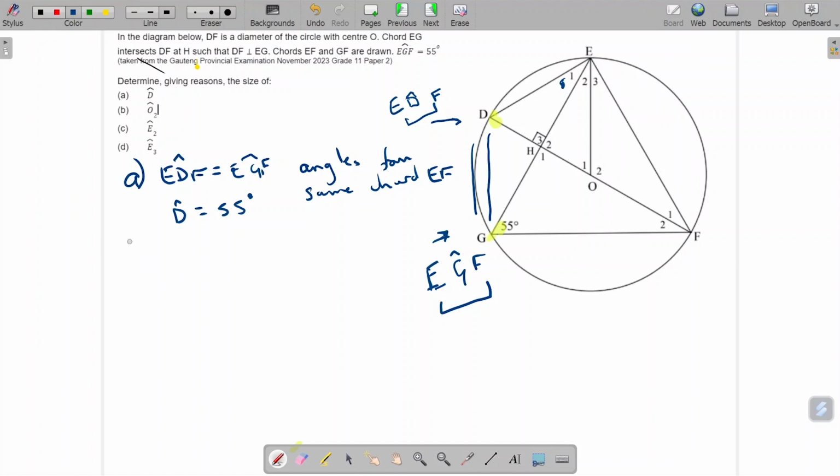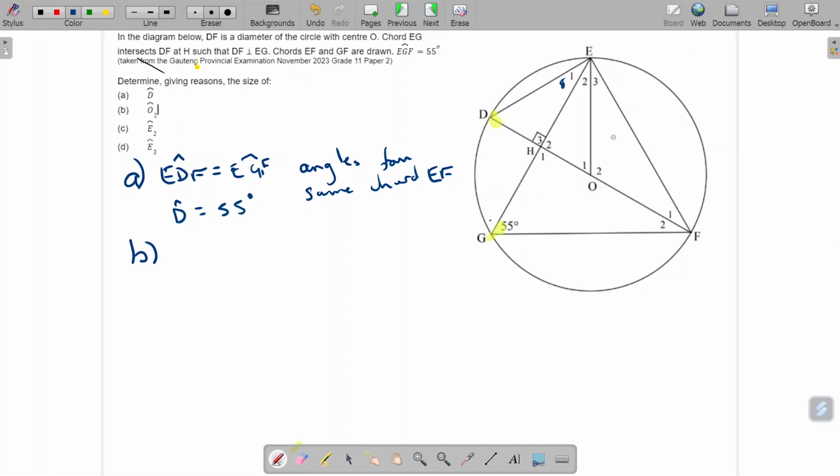I'd now like to proceed to angle B, angle O2. Now again, we know that angle O2 is occurring at the circle center. And that comes again from the trouble we took at the start to read carefully through the entire text. So because they've told us that angle O is at the circle center, we can now again apply some of our pieces of knowledge. And that knowledge is that an angle at the center is always double the angle at the circumference.